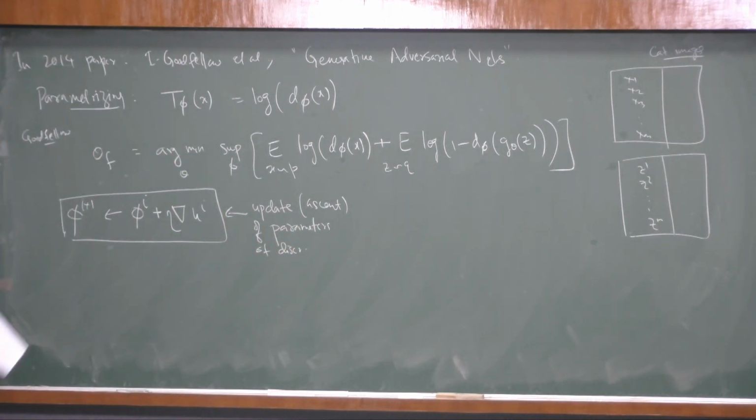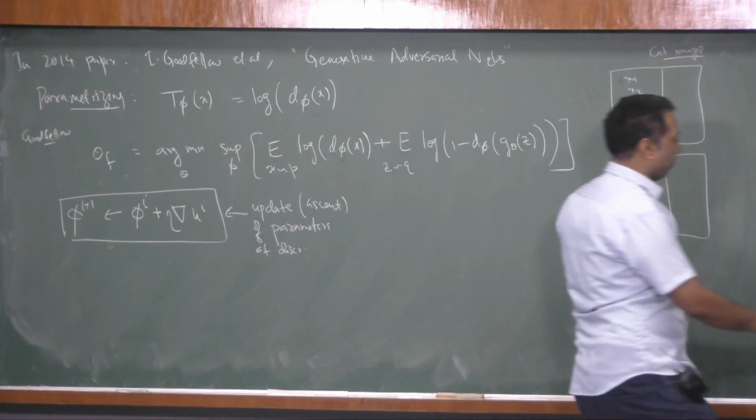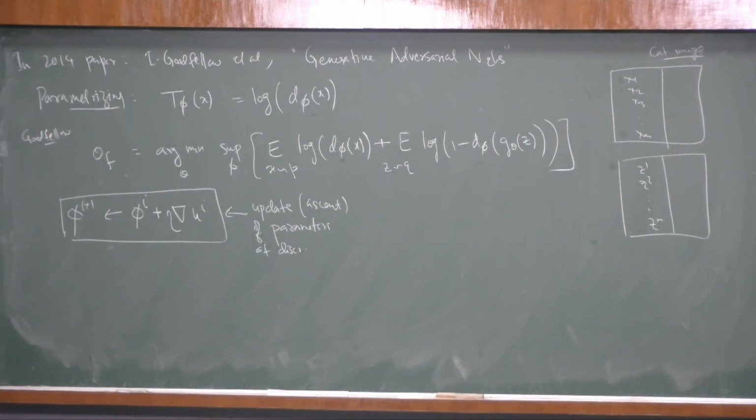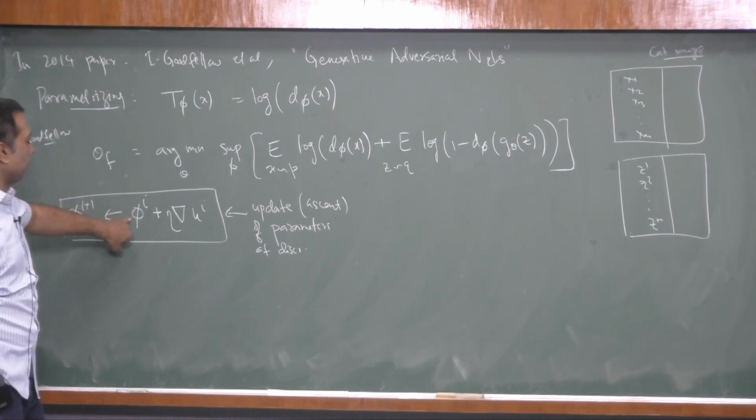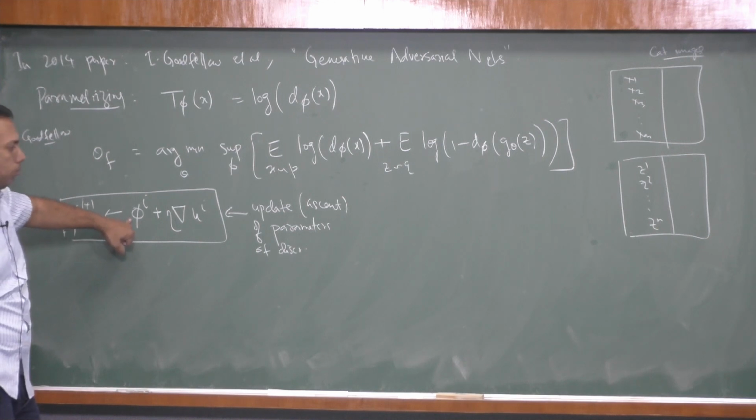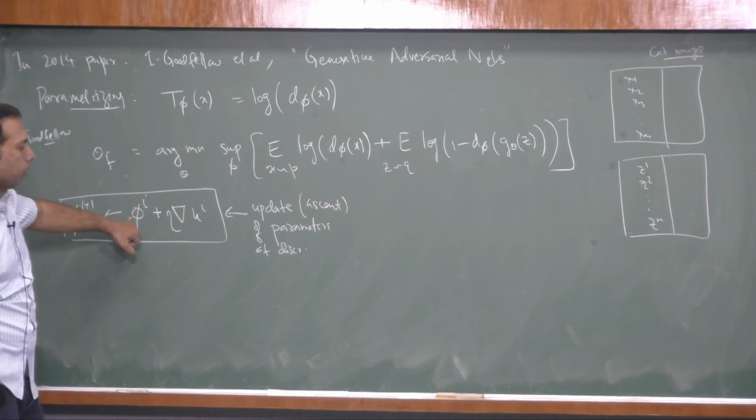So that's what this step is, where I did an ascent, and initially your phi will be random, because you don't know what you are searching for the phi anyway, right?